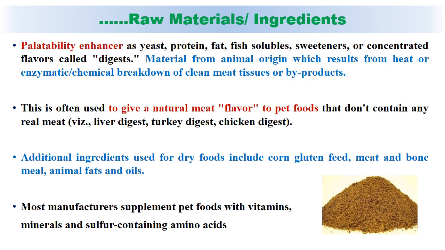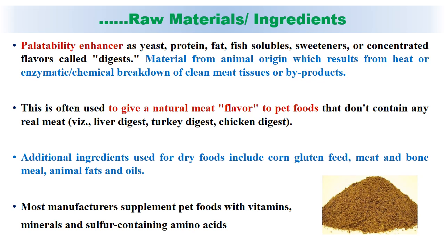In continuation to raw materials or ingredients, there is a category of ingredients like palatability enhancers. They are like yeast, protein, fat, fish solubles, sweeteners, or concentrated flavors. Altogether we can say digests. These are materials from animal origin obtained by heating or enzymatic breakdown, mostly from the meat tissues or byproducts.